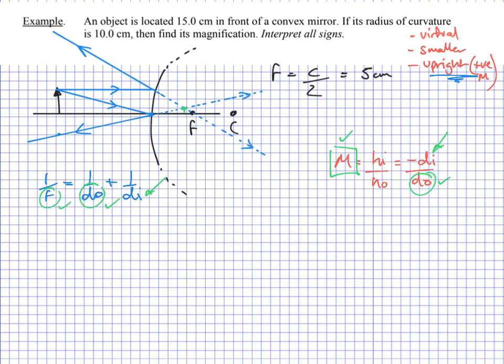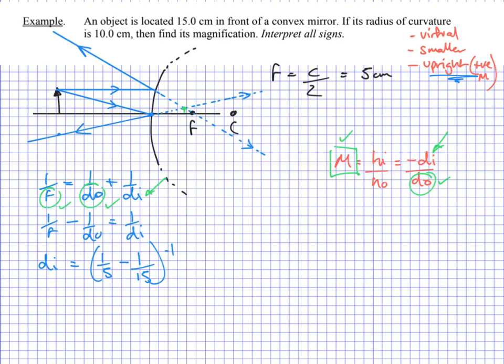Okay, so let's put some numbers in. Well, first of all, I'm going to have 1 over f minus 1 over dO is equal to 1 over di. So di is equal to 1 over, well, f is 5, minus dO is 15, and then that's going to be the reciprocal because I've taken care of that on the other side of the equation.